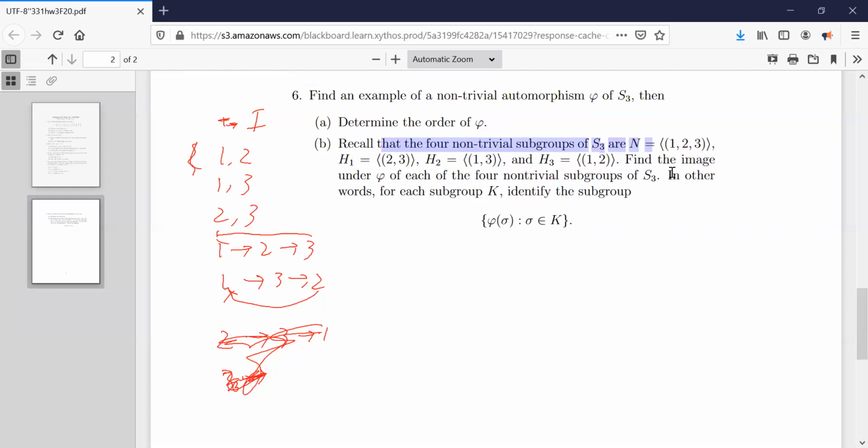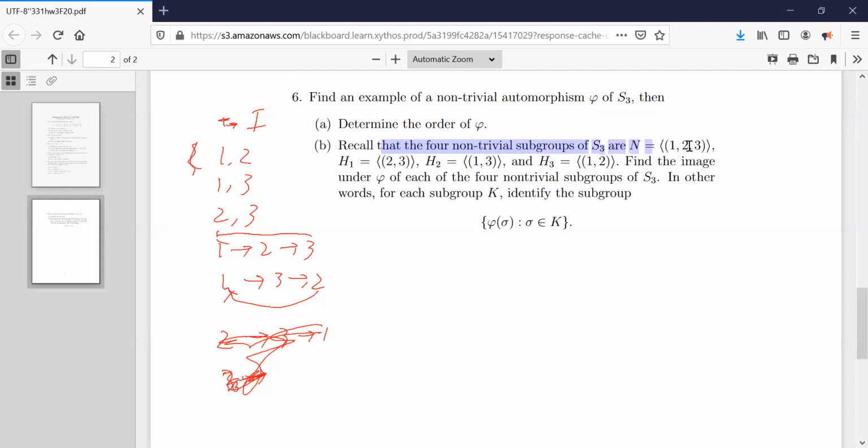Okay, so these are the 3 subgroups of S3, right? H1, H2, and H3. And then it's basically just asking you to find the image under phi that each of these would give you.